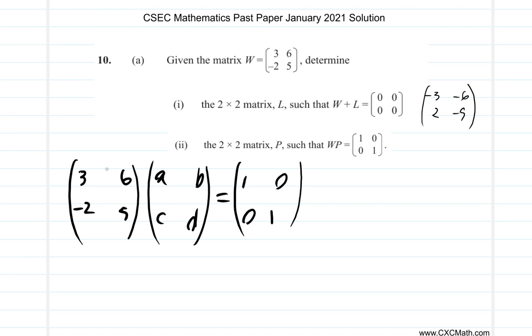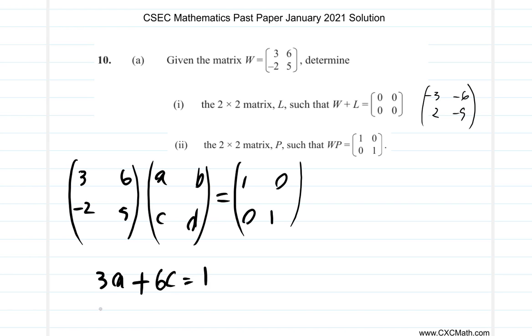If you look at it this way, you will say 3A plus, remember it's row by column, first in row 1 times first in column 1 plus second in row 1 times second in column 1, that's 6C, and that gives you 1.